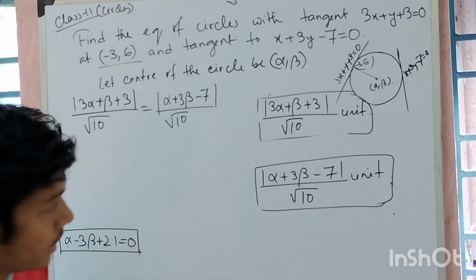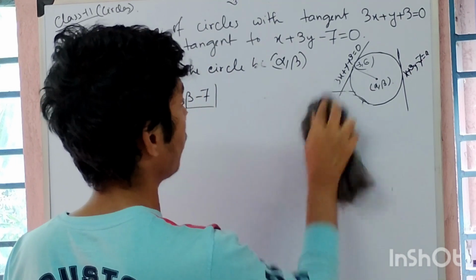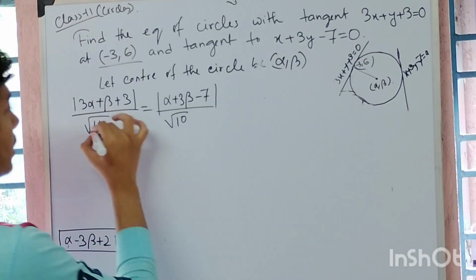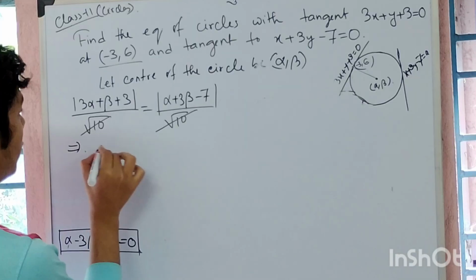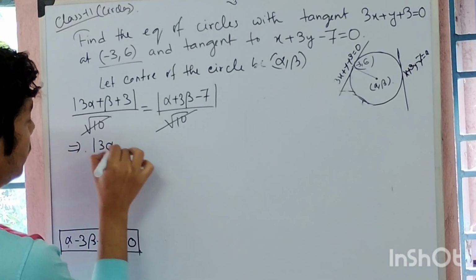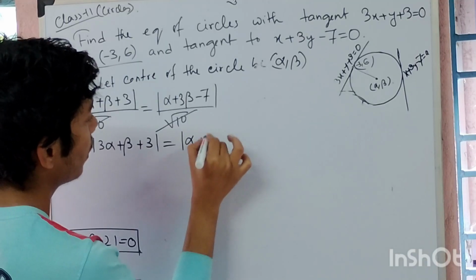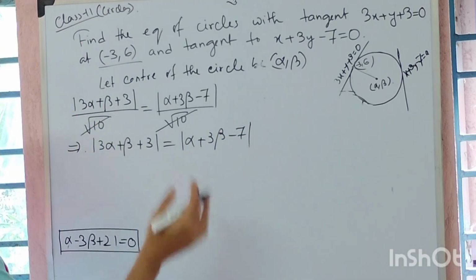These two are exactly equal, so I can cancel the denominators. That gives me the modulus of (3 alpha + beta + 3) equals the modulus of (alpha + 3 beta - 7).